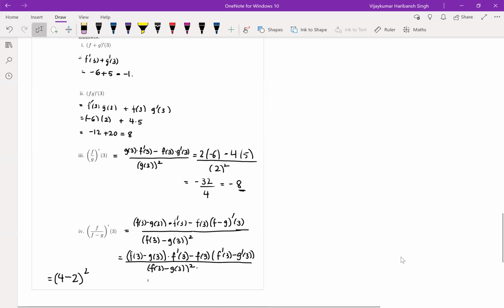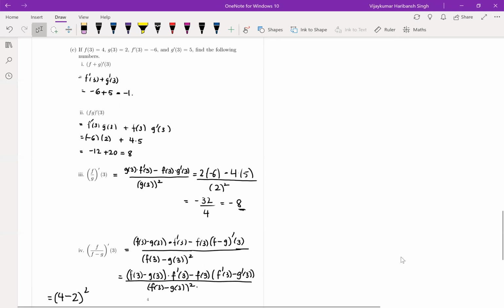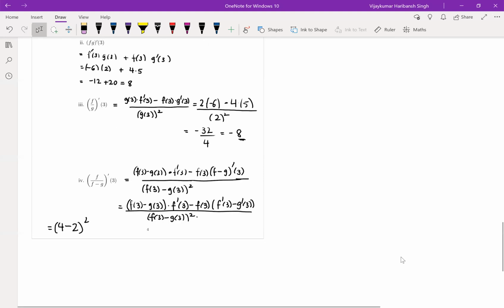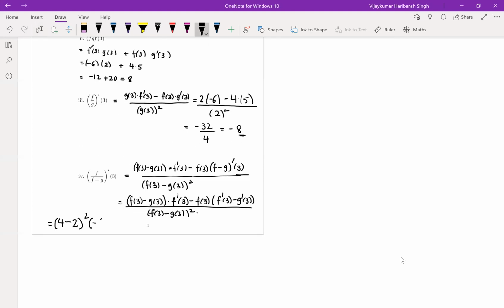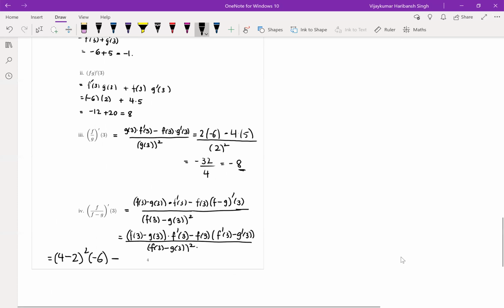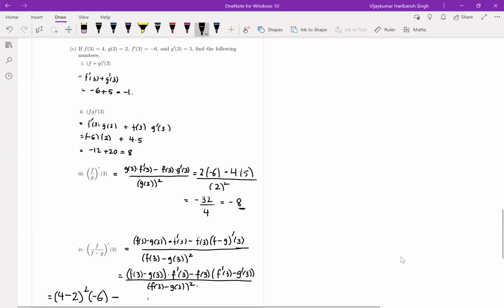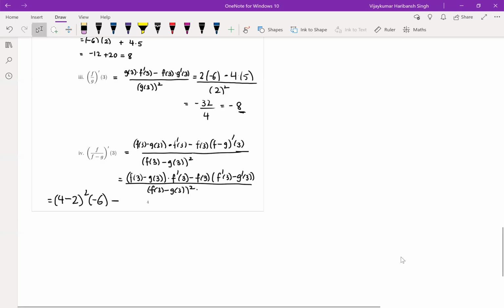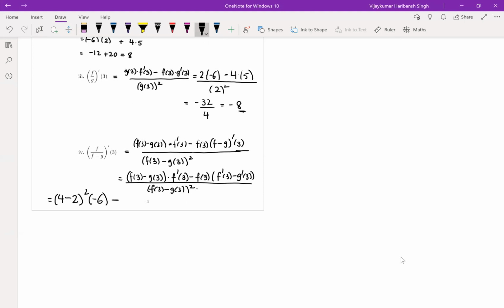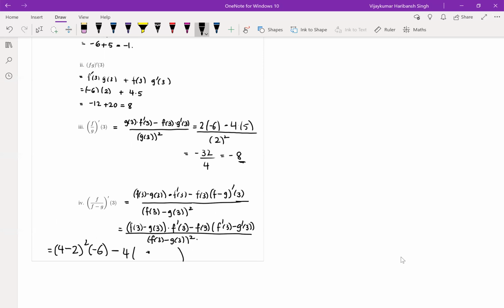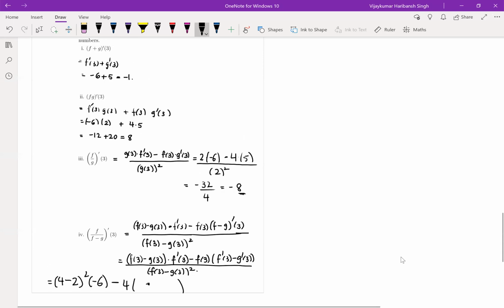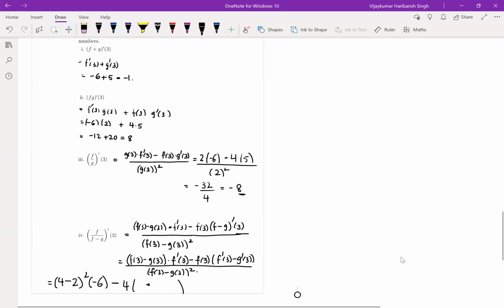Then what else do you have? F times f prime 3. What is my f prime 3? F prime 3 is minus 6, minus f of 3, which is 4, times f prime 3, which is minus 6, and g prime 3 is 5.